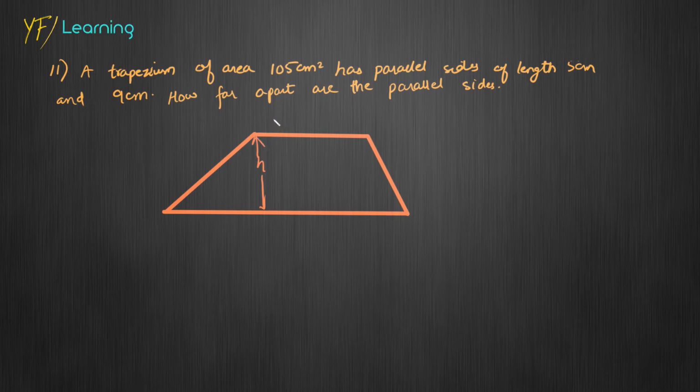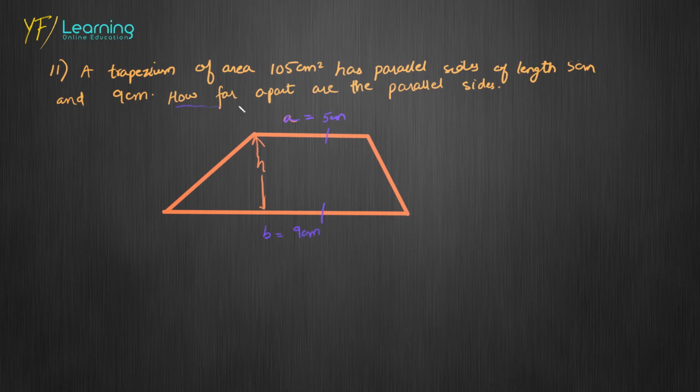So trapezium is in this question, figure is not given, so you have to draw this figure. But you know these sides are parallel. So A is equal to 5 centimeter and B is equal to 9 centimeter.